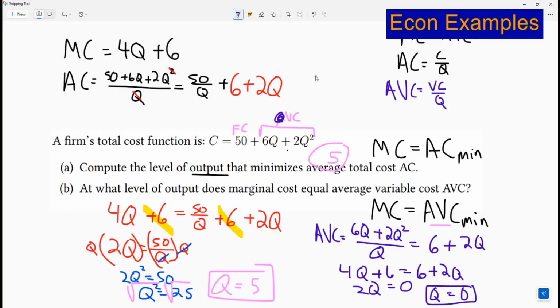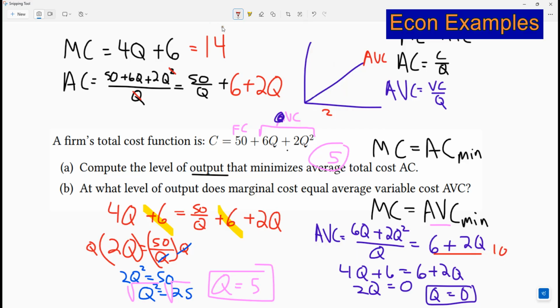Visually, your marginal cost is going to rise like this, and then your average variable cost will follow it. Let me think for a second. Is that going to be higher or lower? We can figure this out by plugging in 2. If we did 2 units, our marginal cost would be 14, and our average variable cost would be 10.